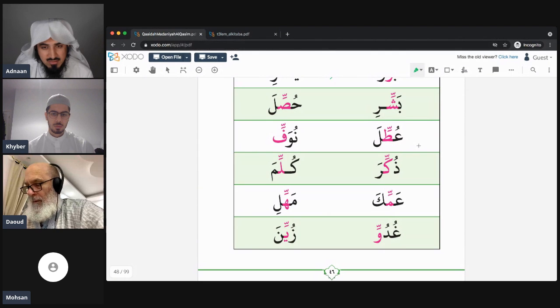Dhukira. Kulli ma. Khaybar. ذكر. كل ما. Ahsant.